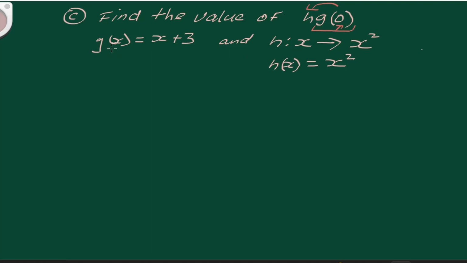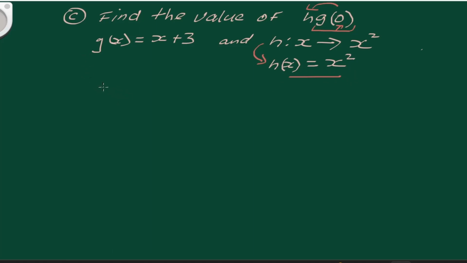Now we were given the function G of x equals x plus 3, and H is such that x maps onto x squared. So we're going to change it from this notation to hx equals x squared, as it is easier to work with the function in this notation.